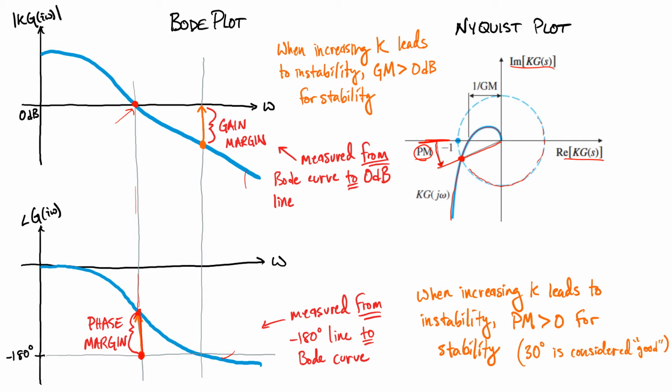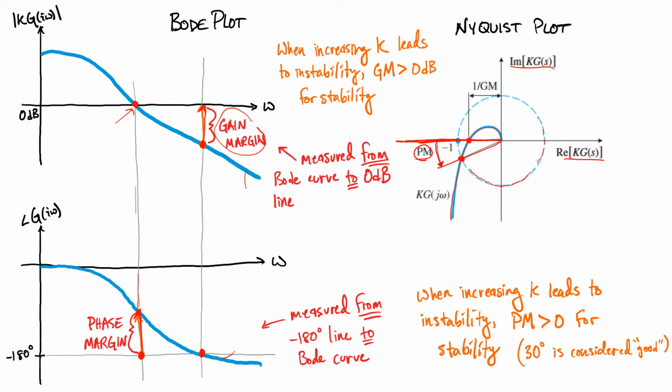If we measure from that up to this point, that gives us our phase margin. Then to identify the gain margin, we find the frequency value for which the phase is minus 180, and we measure how much the magnitude is below the 0 dB line. The way we find that is this is the angle of minus 180 along the negative real axis here, and where that crosses is going to give us our gain margin.